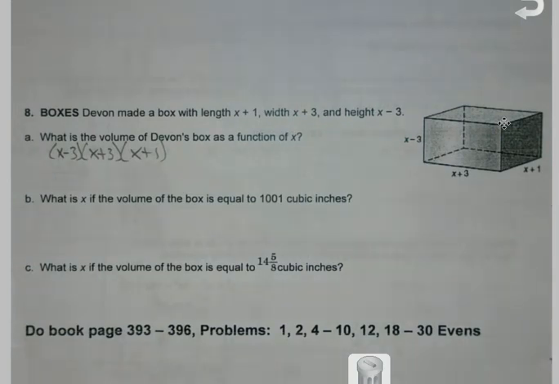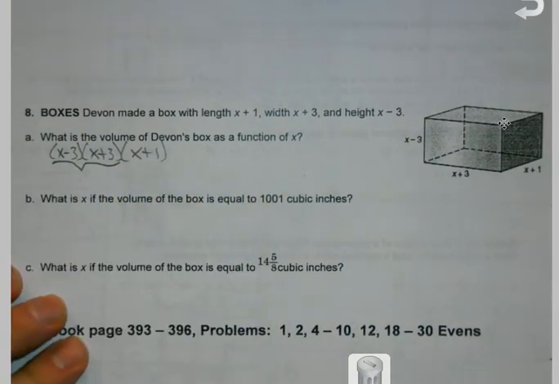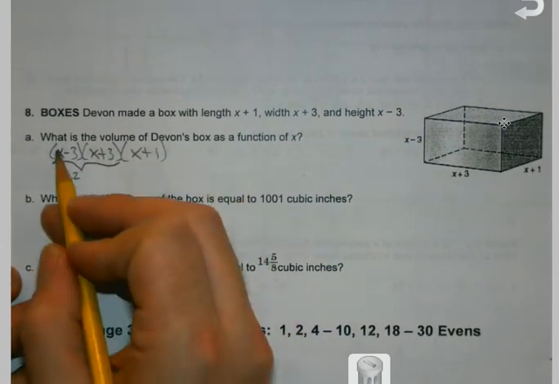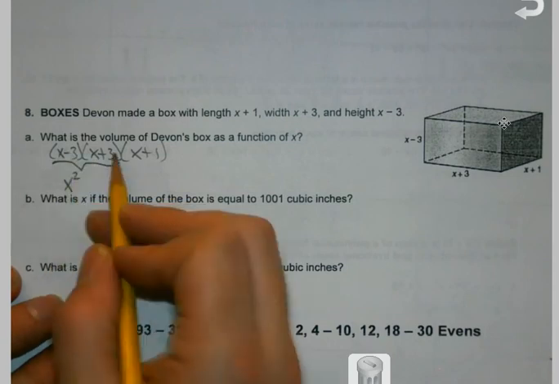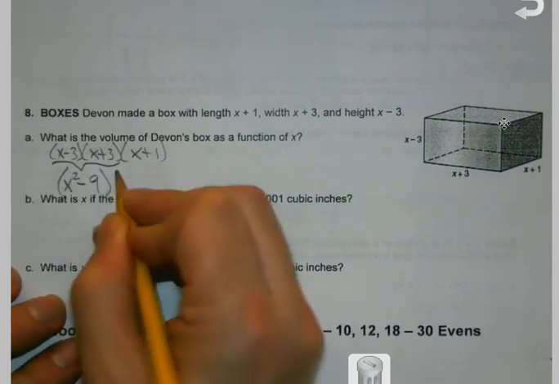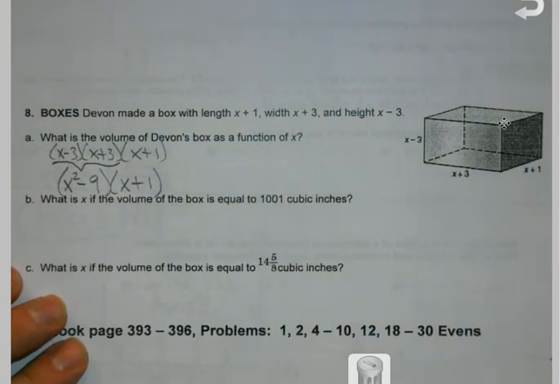So I'm going to multiply each of these out. If I take them a pair at a time, which is what I'd suggest doing, x squared plus 3x and minus 3x will cancel, so I've got x squared minus 9. And I'm going to times that by my remaining binomial term.